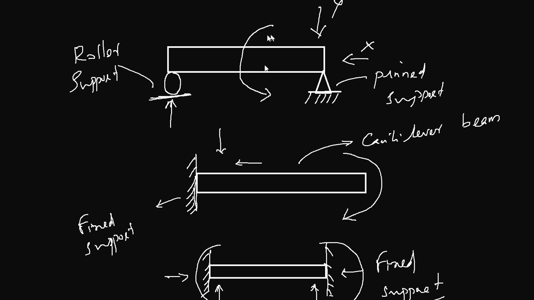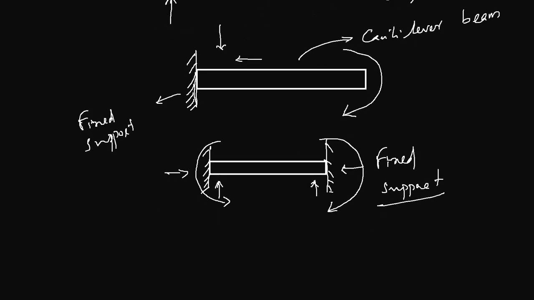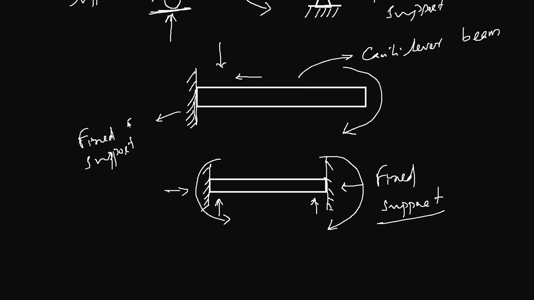And you have a third support, which is called a fixed support, which can resist forces in the x and y directions, and also in the z direction, or forces trying to rotate the beam. If the beam is fixed and supported at one end, this kind of beam is called a cantilever beam.